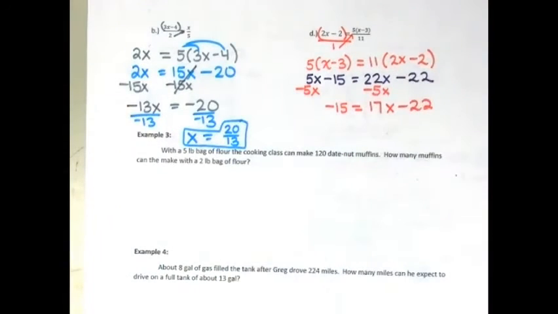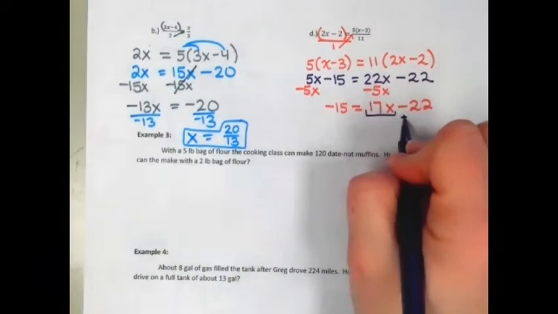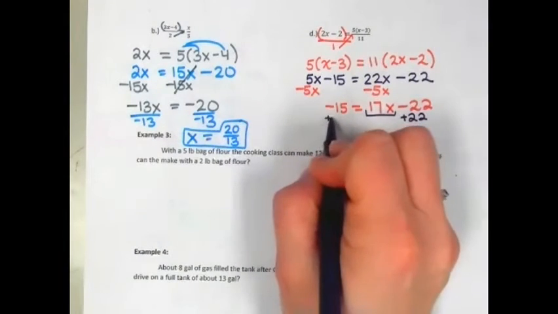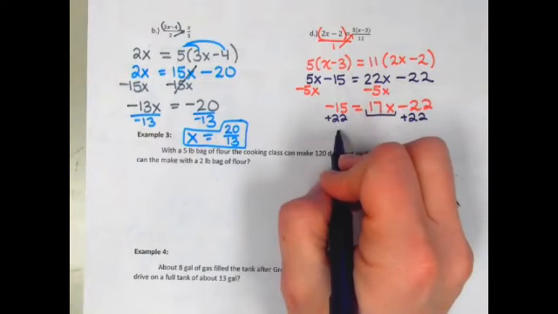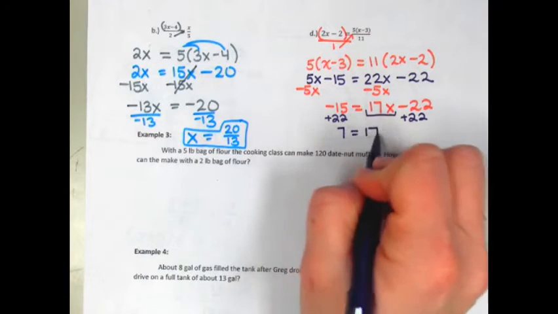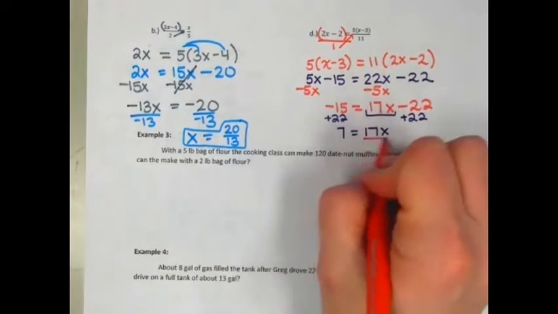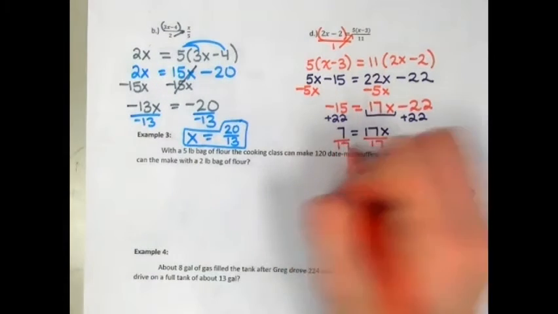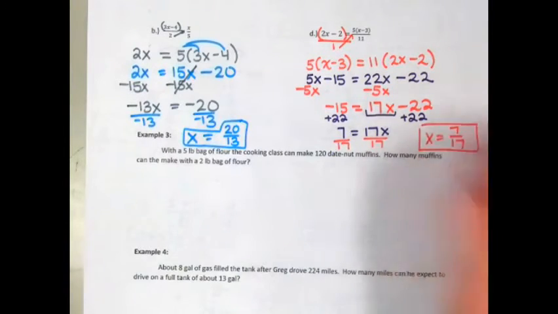Okay. Now, solving for the x, how do I move the 22 over? Add it. And what's negative 15 plus 22? 7 equals 17x. And then how do I get rid of the 17? And so what does x equal? 7/17. Perfect. Good. Any questions with this so far?